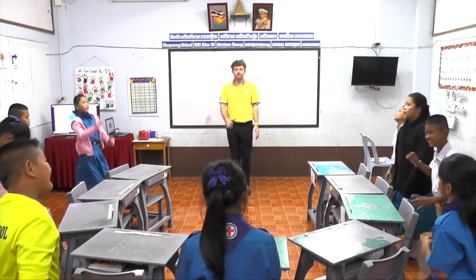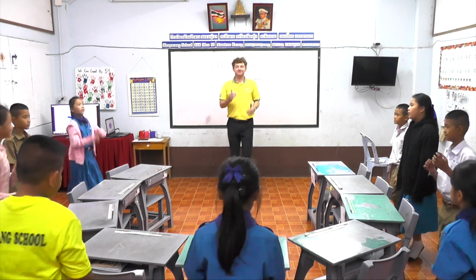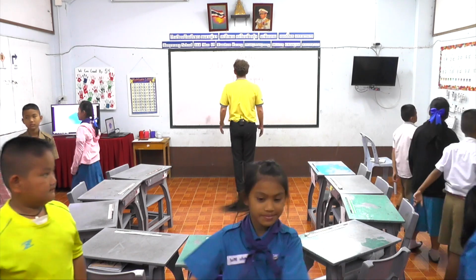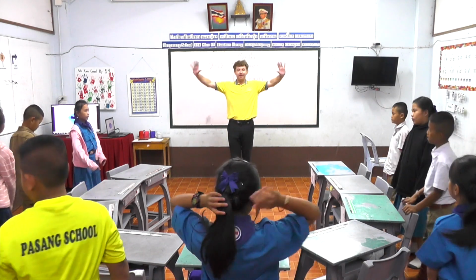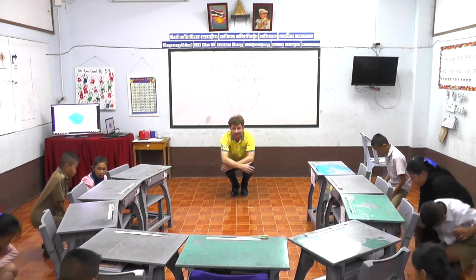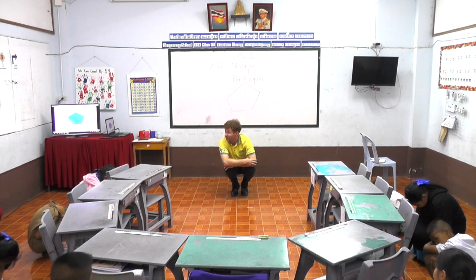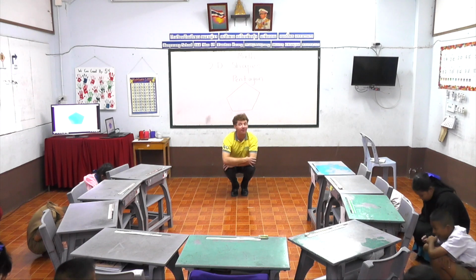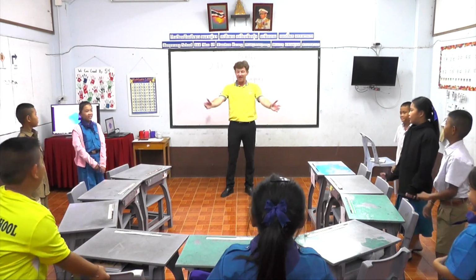Jogging on the spot. Stop. Hip hop. Jogging on the spot. Stop. Turn right. Turn right again. Right again. And right. And now we'll go into a ball. 5, 4, 3, 2, 1. Jump! Excellent, guys. Have a seat.